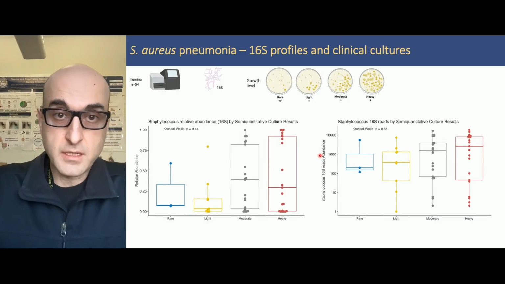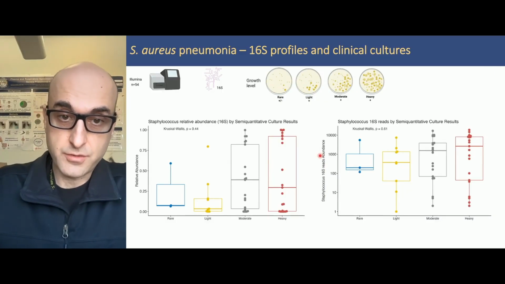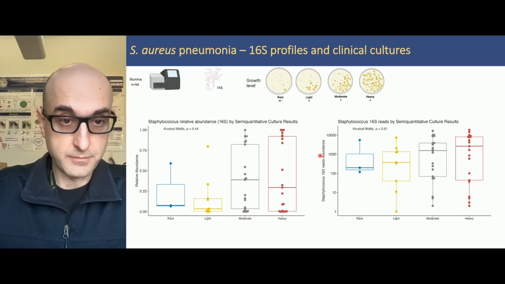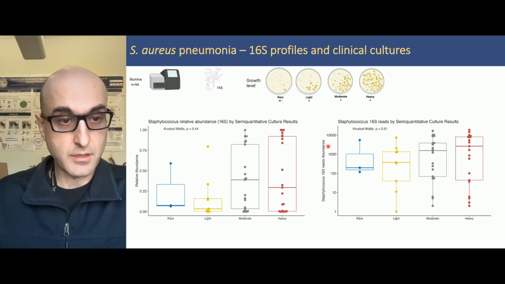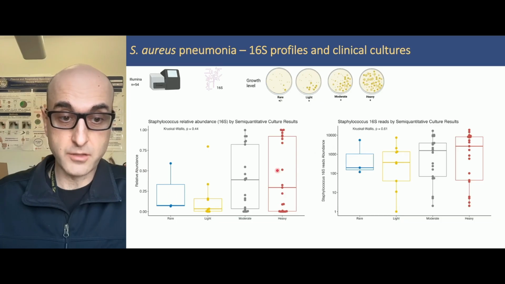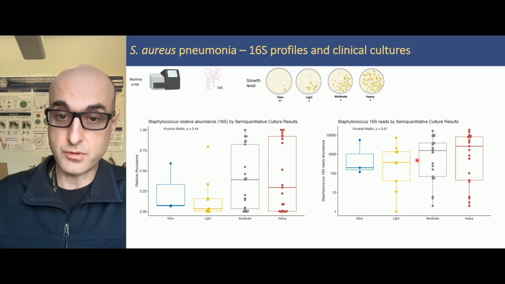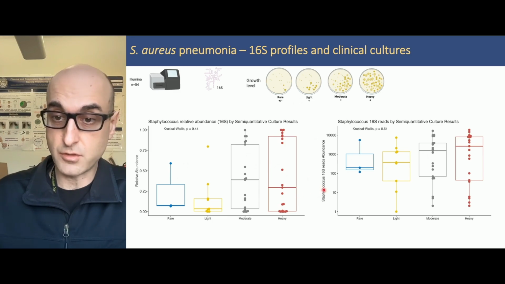So let's examine this a little bit more. We compared 16S profiles with clinical cultures, first in terms of growth level. And we found that there was no difference in relative abundance of Staphylococcus by growth levels of Staph aureus in corresponding clinical cultures, or any difference in the raw number of 16S reads assigned to Staphylococcus genera.